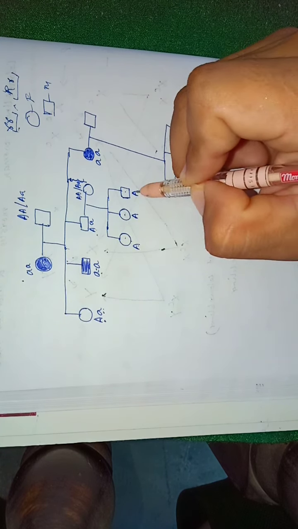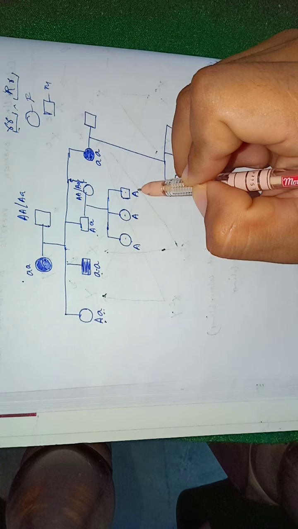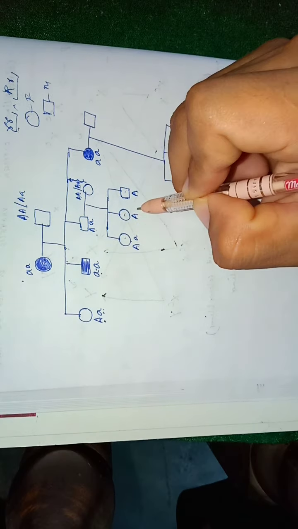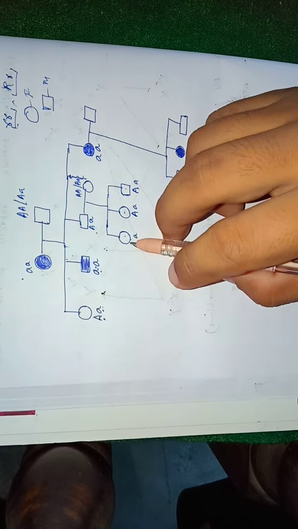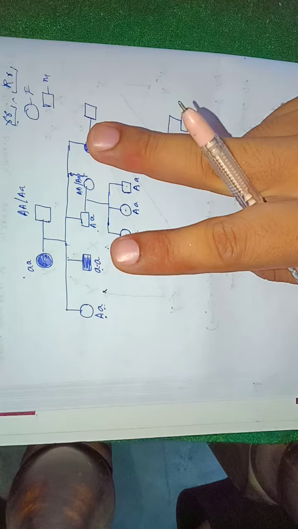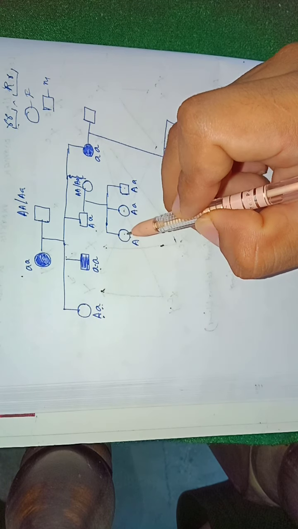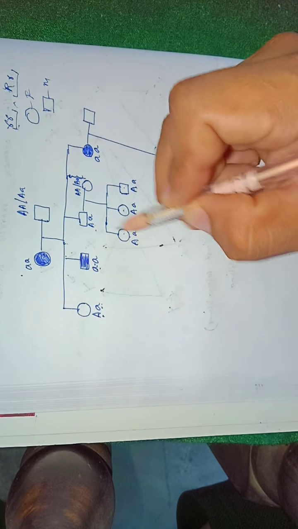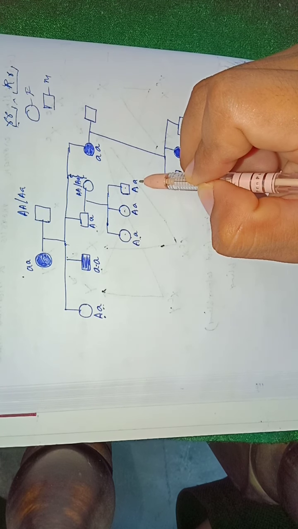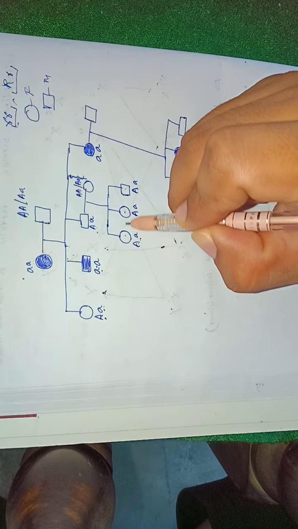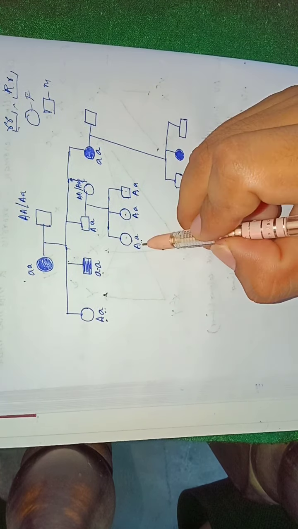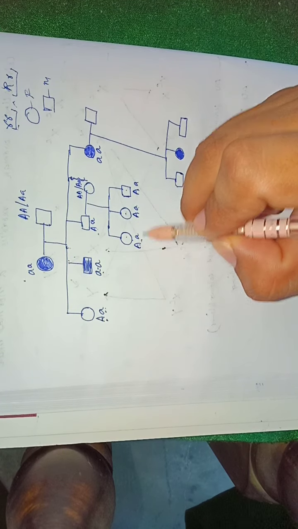This capital A is coming from the mother, and it is sure that there will be a small a from the father. During fertilization one part comes from the mother and one part from the father. So in order to form this offspring, one has come from the mother and one from the father. So these are the possibilities: the offspring will be carrying the gene, so they are all normal but in heterozygous form.